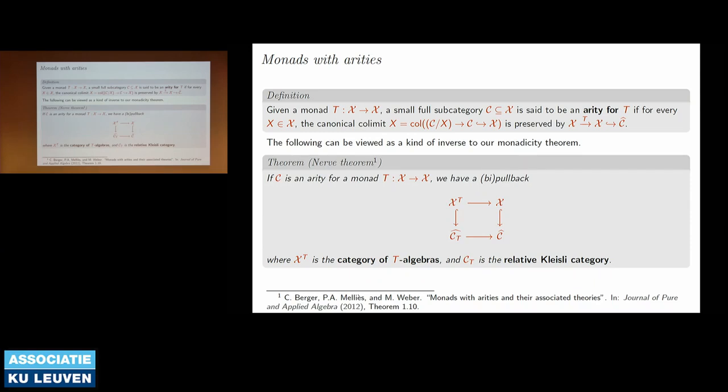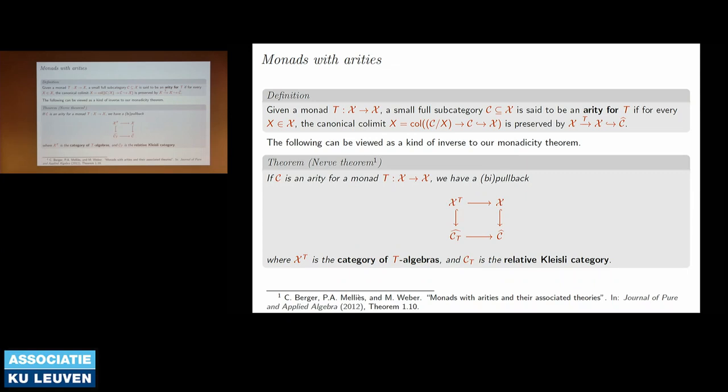A monad with arities is a monad on some category X, together with a small full subcategory of X. We say this subcategory is an arity for the monad if for every object X, the canonical colimit that presents X as a colimit of objects from C is preserved not only by T, but by T followed by the nerve embedding into the presheaf category.